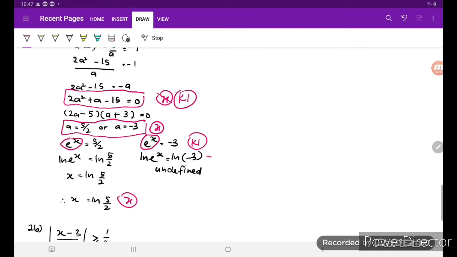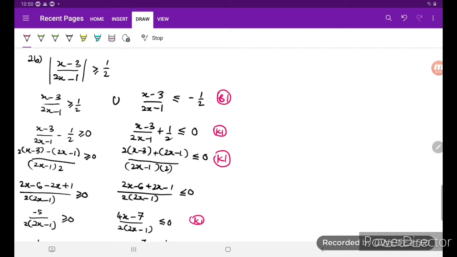Because log cannot be negative. We don't have ln of -3. If you use a calculator, it will be either syntax or math error. So this J1 is for ln 5/2 and undefined. If you don't write undefined for the second term, you cannot get J1.